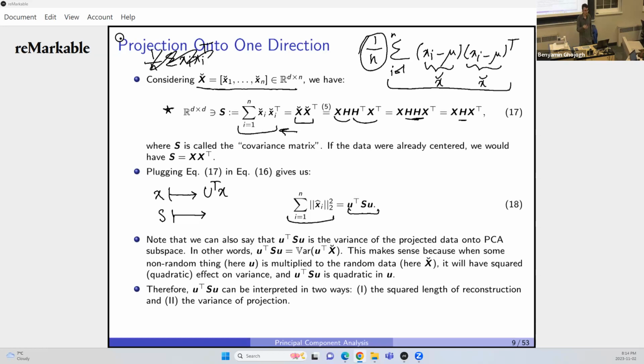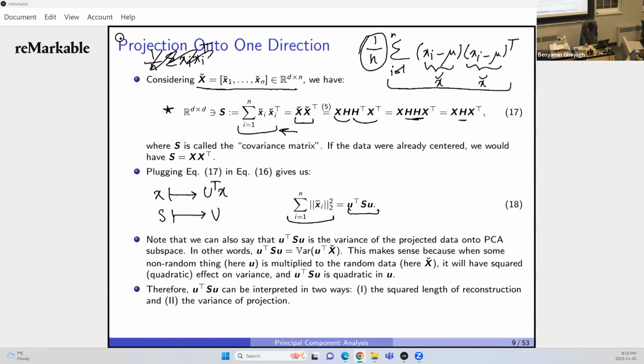So linear projection is linear, right? That's why I have U transpose X. Covariance or variance is quadratic. Do you agree? It has a square or something transpose, right? So as a result, whatever I write here should be quadratic. So it will not be U transpose S, because U transpose S is linear, not quadratic.